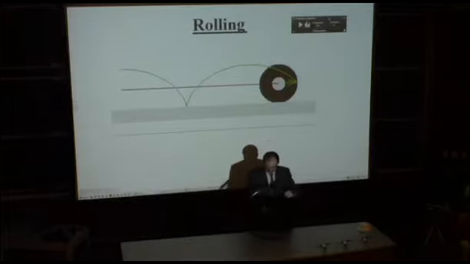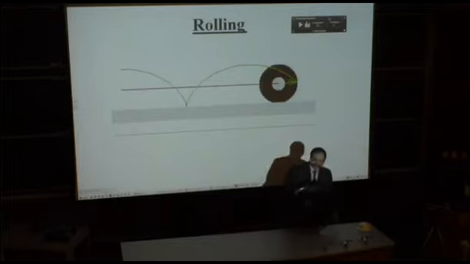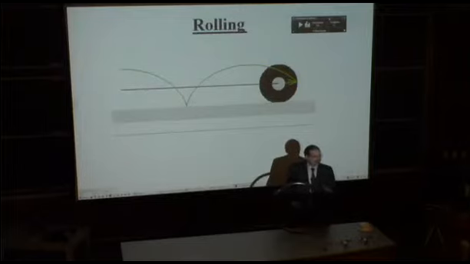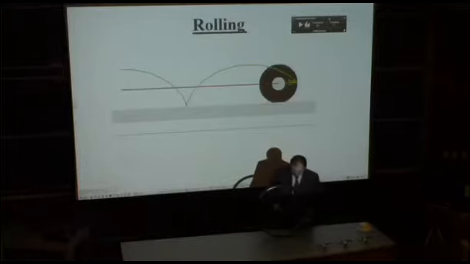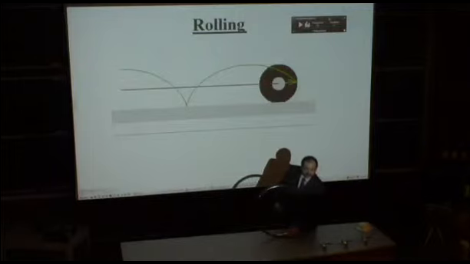Resistance could have happened if it was moving like this, so in this situation it was also slightly sliding. So slipping, that's what we neglect: no slipping, no slippage, no sliding. And in this situation, this friction actually is static friction. This point at the bottom is instantaneously not moving relative to the ground.